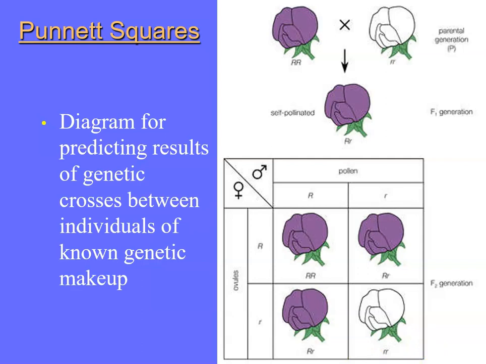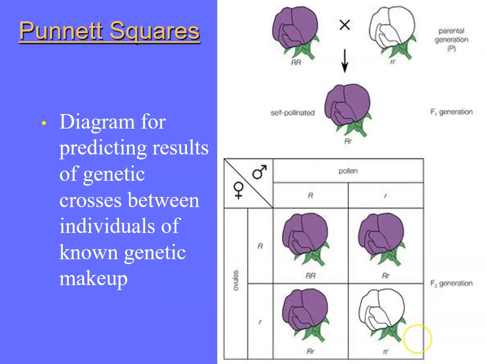In fact, it's saying that 1 out of 4, or 25%, would be big R, big R, or the term is homozygous for purple color. 50%, or 2 out of 4, would be heterozygous, big R, little r. And 1 out of 4, or 25%, would be little r, little r, homozygous for white color.